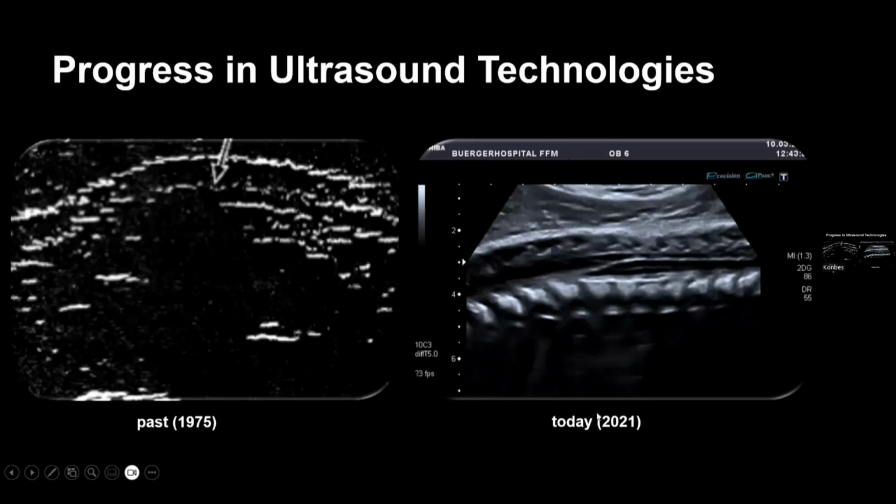But if we look today, in 2021, we see details in the fetal spine, so we can detect also the conus medullaris, and we can rule out spina bifida especially. So there was great development, and Stuart Campbell said for 15 years, okay, it's not possible that we detect closer than 1 centimeter. Now we are in millimeter areas.